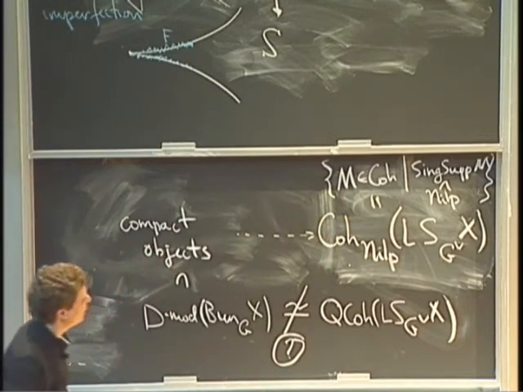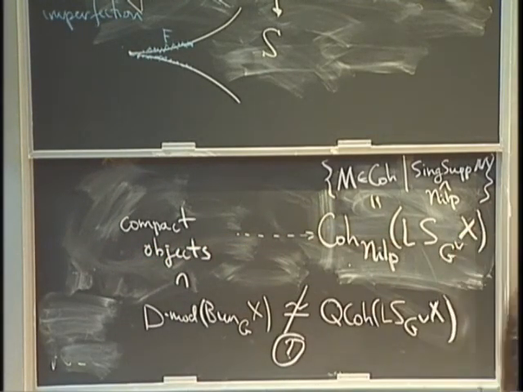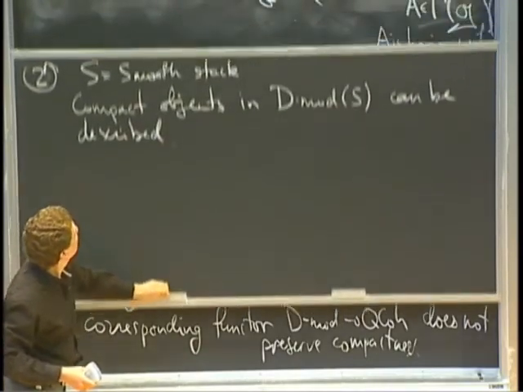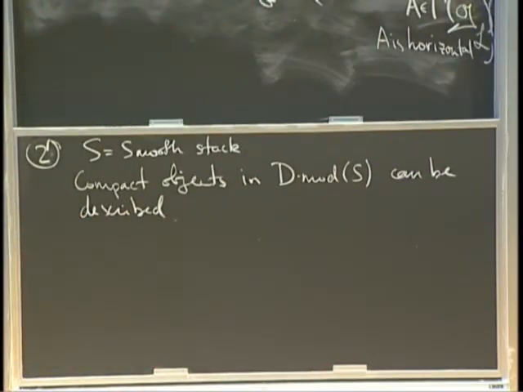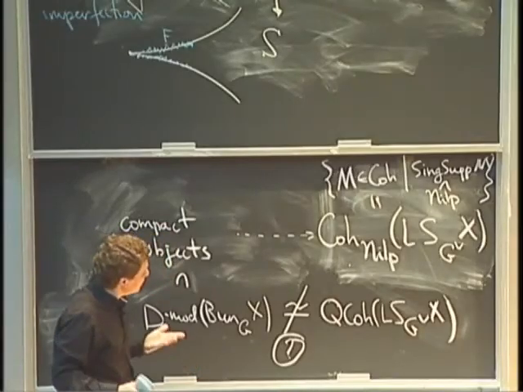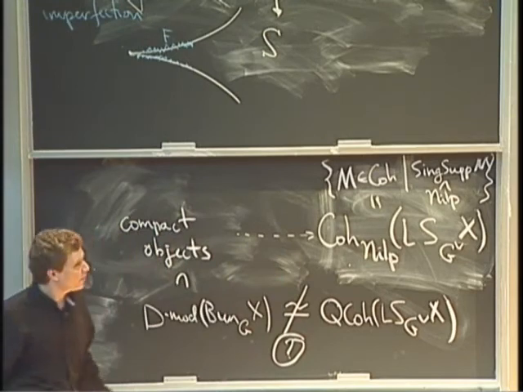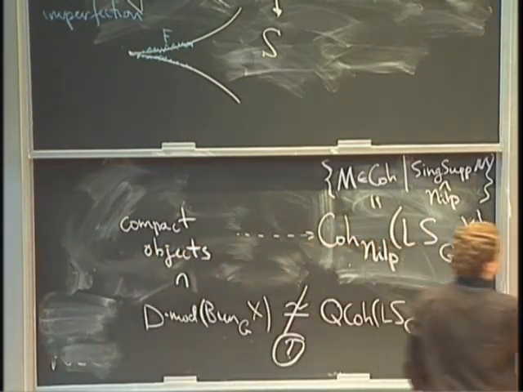And somehow, at smooth local systems, again, you don't see the difference between this or between perfect complexes or between coherent complexes, anything like that.